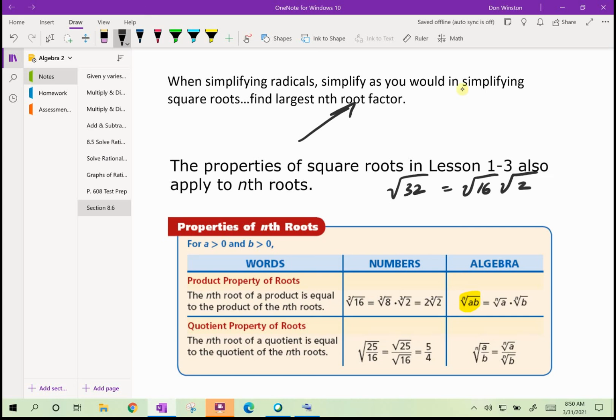The square root of 16 is 4, so that would be 4 root 2. Or if I had the square root of 75, the largest perfect square that's a factor of 75 is 25, so that would be the square root of 25 times the square root of 3, which is 5 root 3. That's all the property says: the nth root of a times b is equal to the nth root of a times the nth root of b.